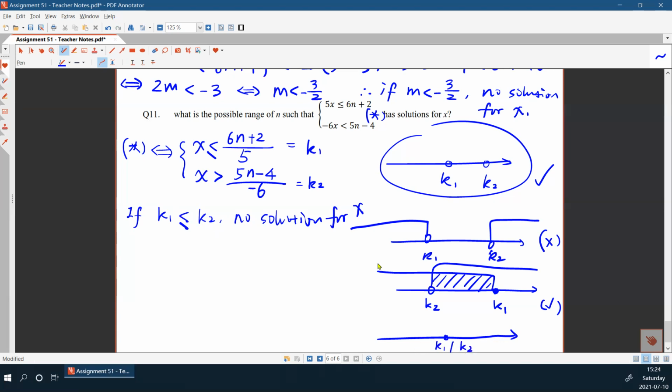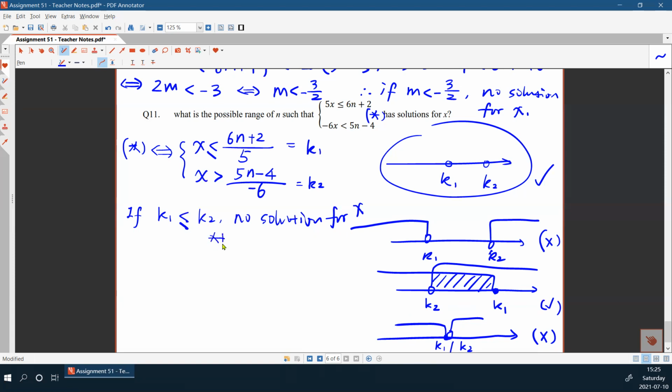So in this case, the original system says x must be smaller than or equal to K1. And at the same time, x must be greater than K2, right? So is there any overlapped area? Of course, there is not. So in this case, there is also no solution for x. So of course, K1 can equal K2. In this circumstance, there is also no solution for x.